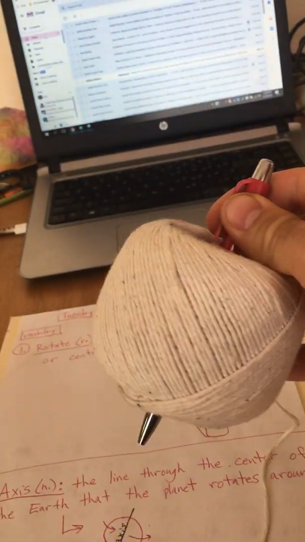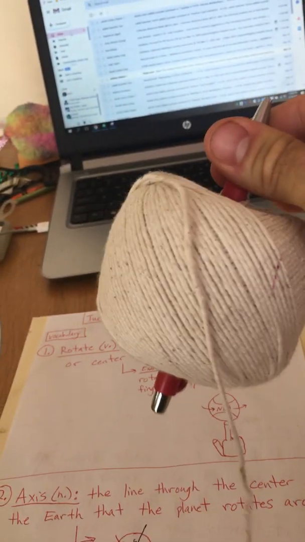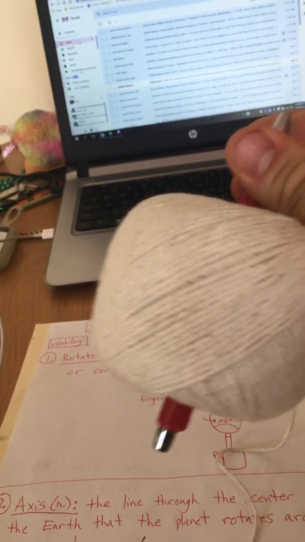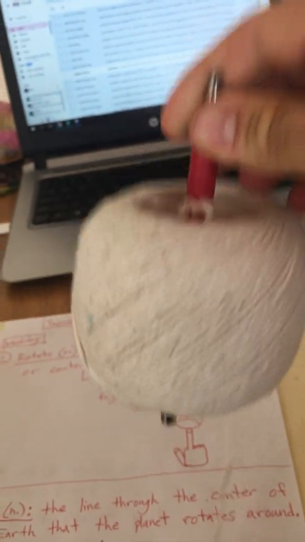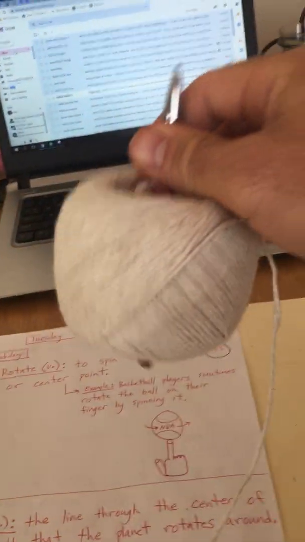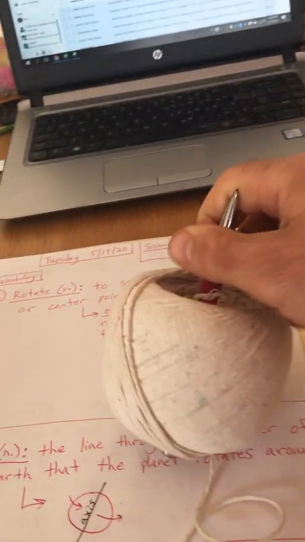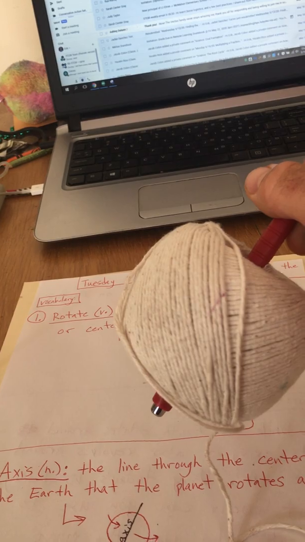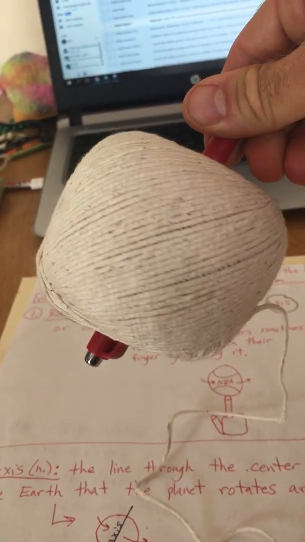It spins like this. The axis is the middle piece that stays kind of still, and maybe if I did it this way, let's see. So the axis would be the pen, and this is the Earth rotating around the axis. It is just spinning, and that axis is staying there, right? The axis is just kind of the center point where it is spinning around. Okay, so the Earth rotates like this every day, and the axis is just kind of that middle piece that it spins or rotates around like that.